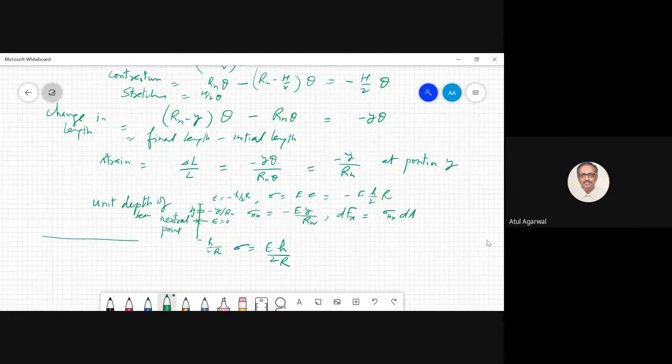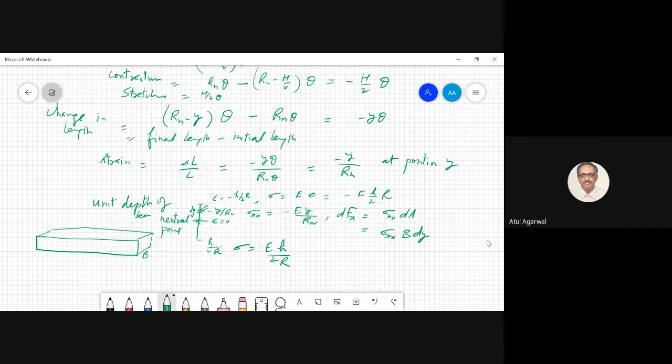Look, I had taken the beam like a rectangle. But you see it has a depth. You can call this depth as b instead of unit. So what will become our area? Sigma xx into b dy. Any doubts?